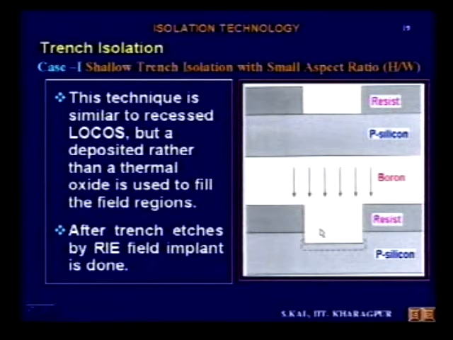Reactive ion etching, because reactive ion etching will provide you anisotropic etching. Vertically it will etch the trench, laterally it will not etch. That means lateral etching consumes silicon area. So if only vertical etching is there, there is no consumption of silicon area. So you will get vertical depth.